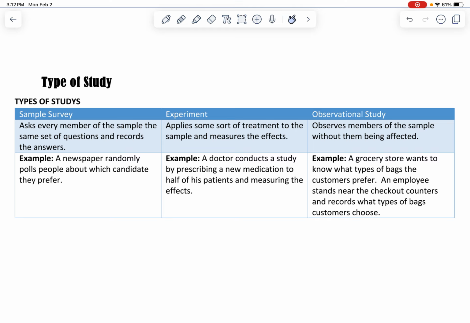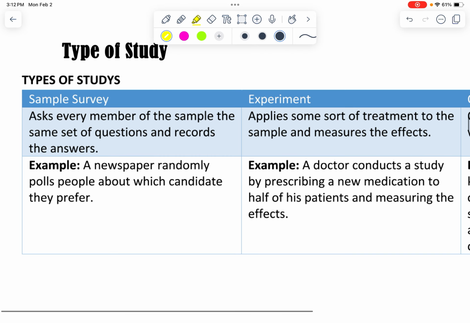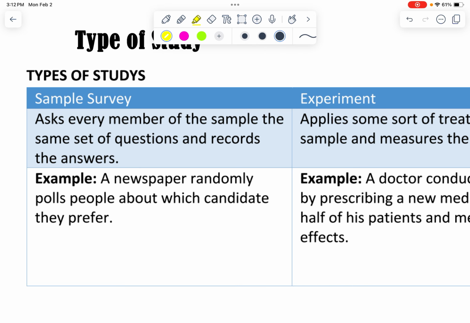All right, there are different types of studies. There's a sample survey, an experiment, and an observational study. Let's go over each of those. I'm going to highlight a few of these things here. The sample survey asks every member of the sample the same set of questions and records the answers.